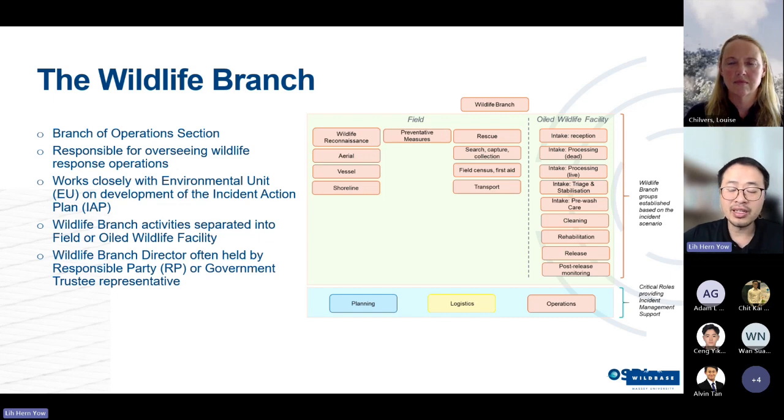But I would like to zoom in into the rest of the roles in IMS, which can have wildlife response responsibilities. So wildlife branch director is often held by the responsible party or the government trustee. So let's look at the other positions.